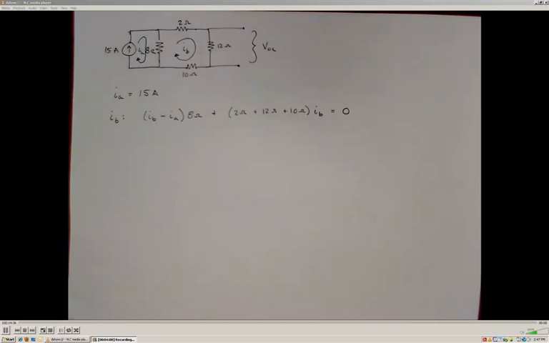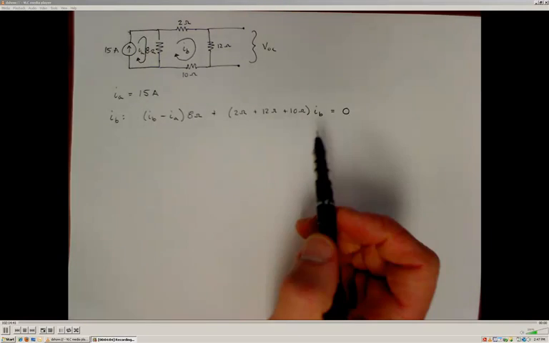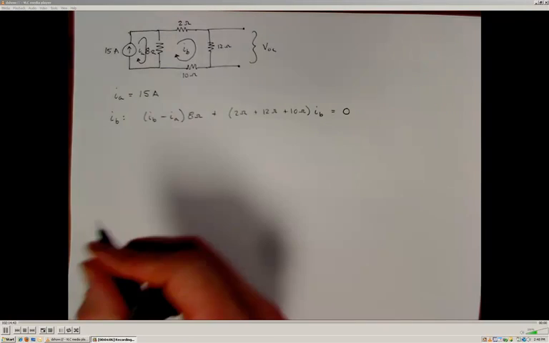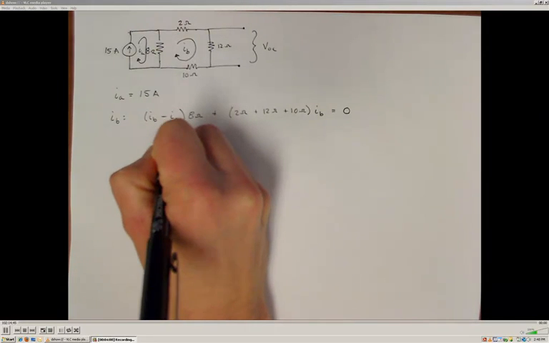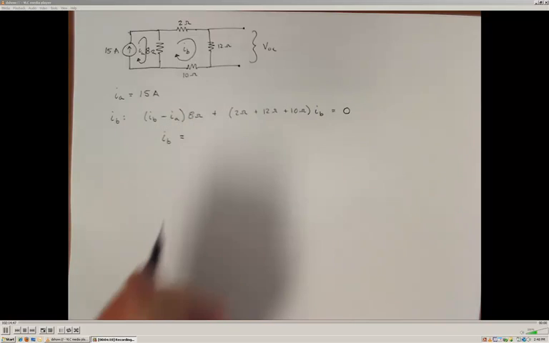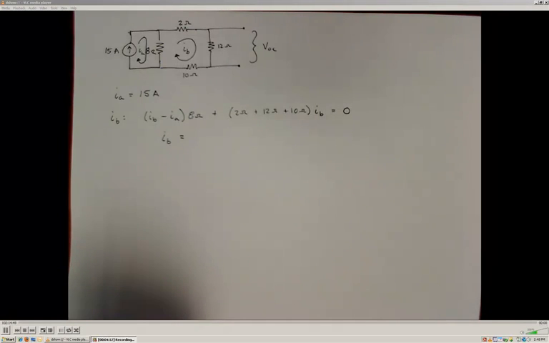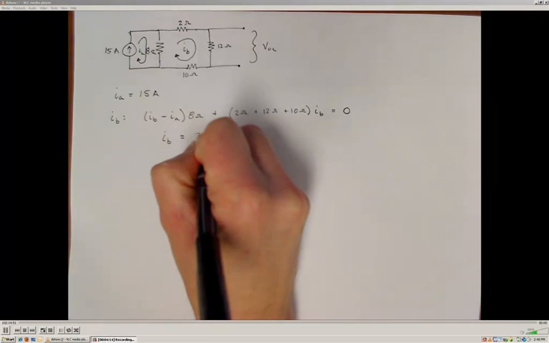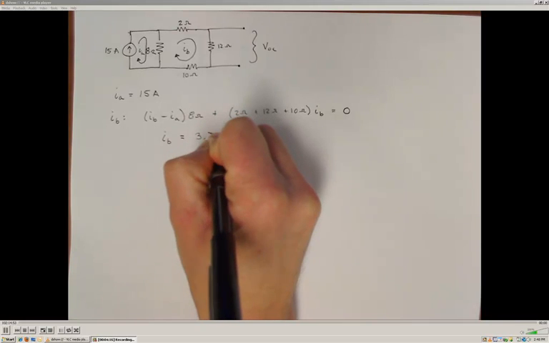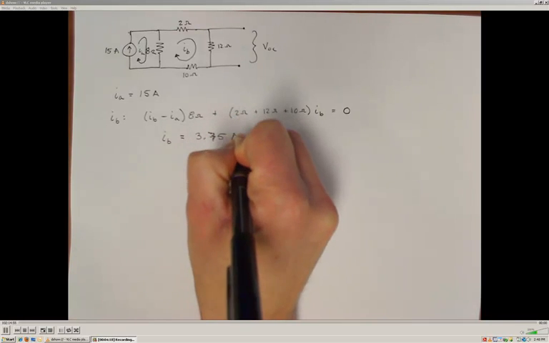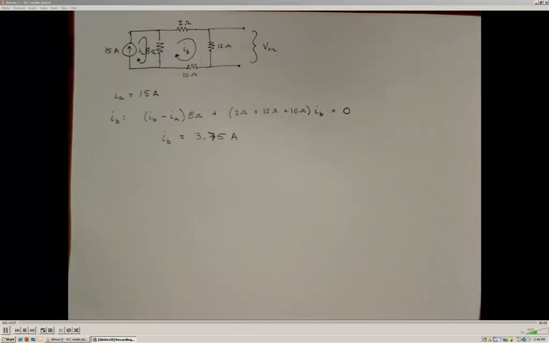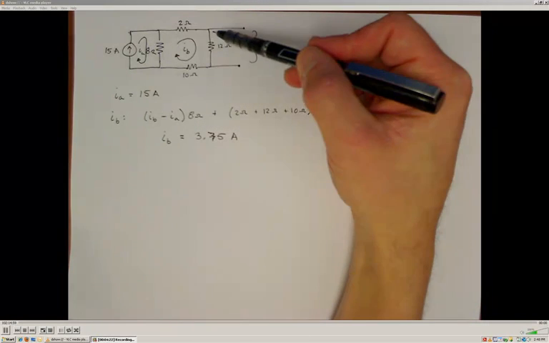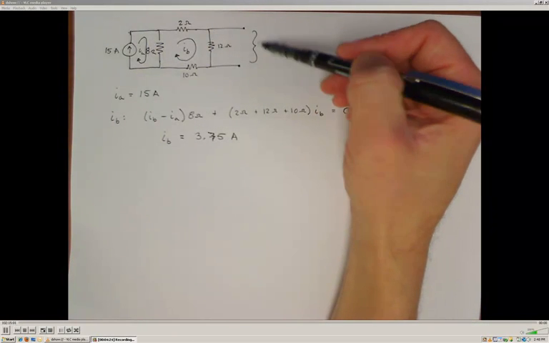When I do that, I'm going to wind up with an equation all in IB, and I can solve directly for my mesh current IB. I should find that my current IB is going to end up being 3.75 amps. With that in hand, now I can directly solve for my open circuit voltage.